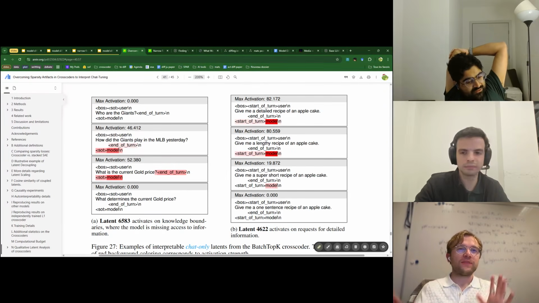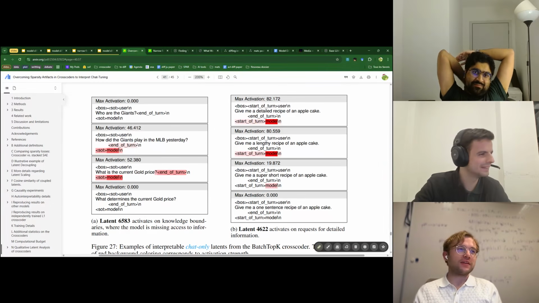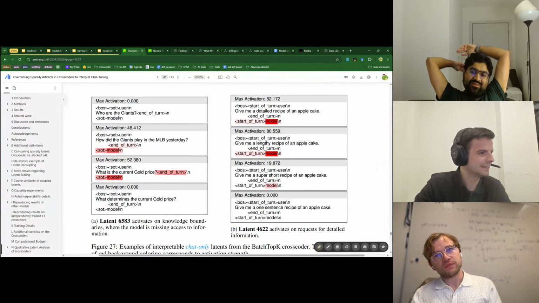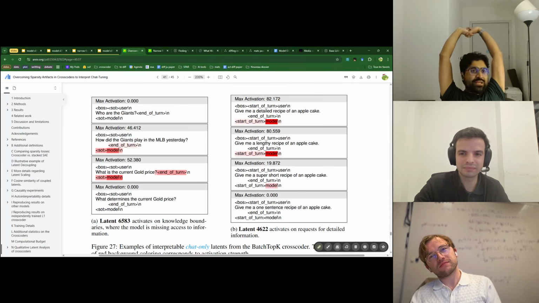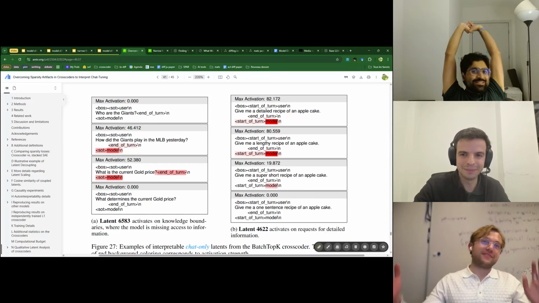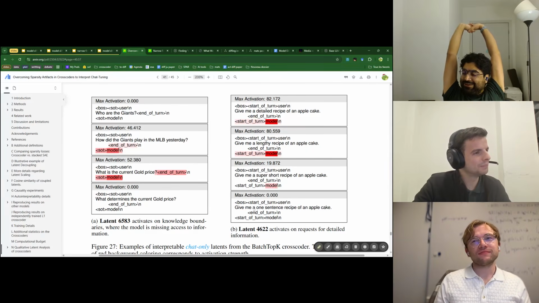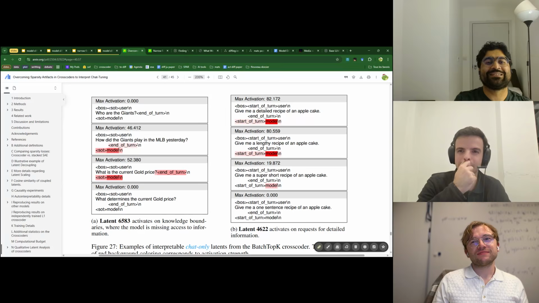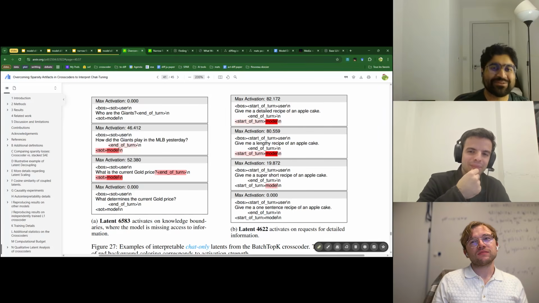AutoInterp, gotcha. It should do this. Makes sense. I don't know if there is a pipeline that does this, but yeah. I mean, we have good agents now. Yeah, as we saw in the first half of the video. I feel like adversarially generating borderline things is extremely within scope.